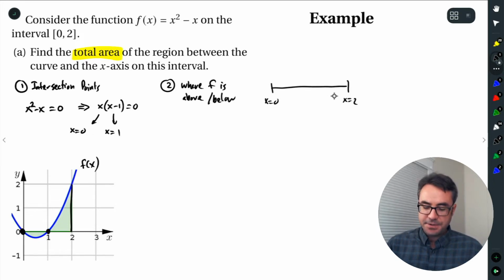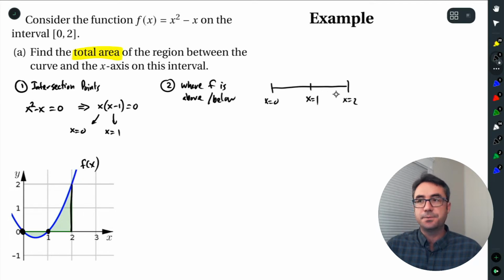And on this interval, we plot all of our intersection points that we found. So we found x equals 0, and then we also found x equals 1. And so really what we have here is two subintervals. We have this interval from 0 to 1, and then this interval over here from 1 to 2.